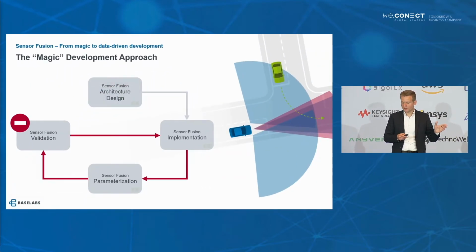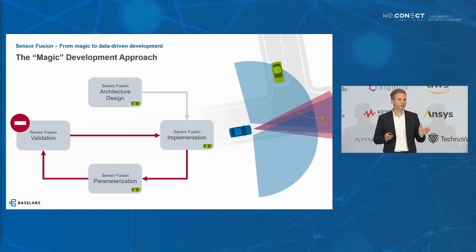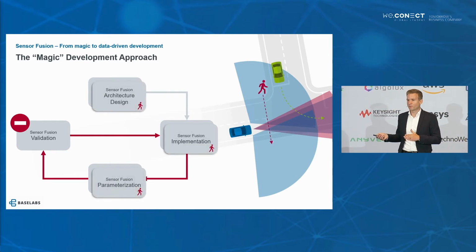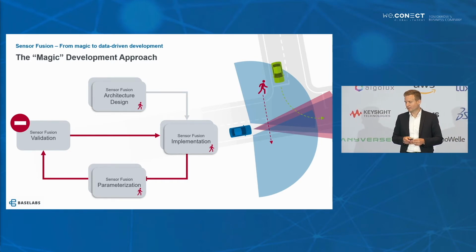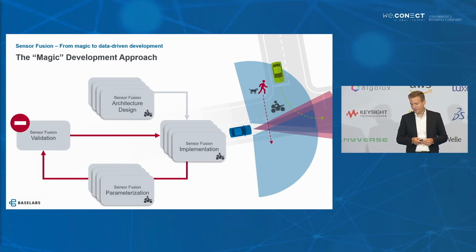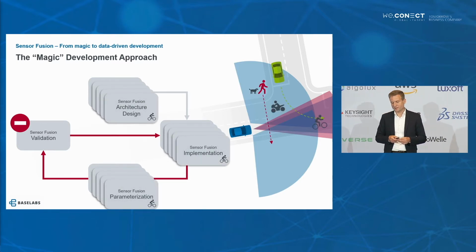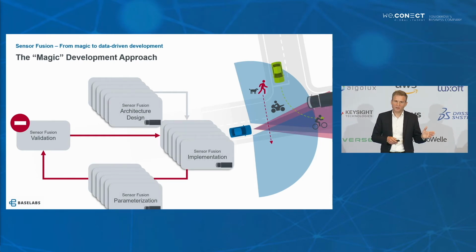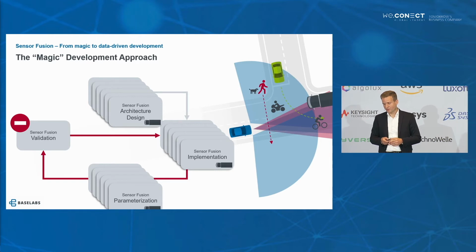I've shown to you an example for vehicles and also for pedestrians. But we all know there are much more objects that current ADAS need to detect and need to handle. So we have animals, we have bicycles, motorcycles, and we have trucks, and so many more objects that we need to handle now and in the future.